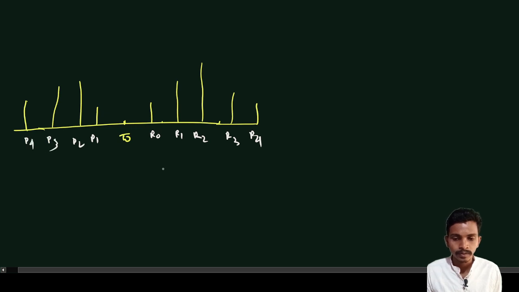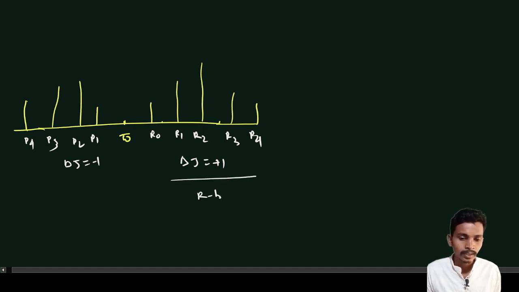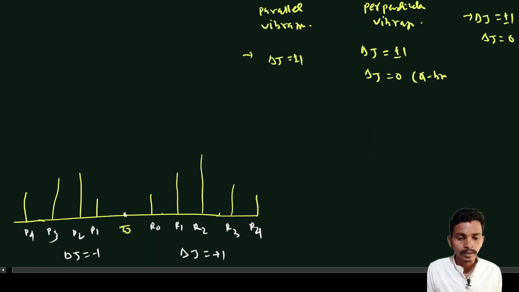Here delta J equal to +1 and here delta J equal to -1. These are the R branch and these are the P branch, and there is no Q branch, as no intensity is there. So this is for diatomic molecules.